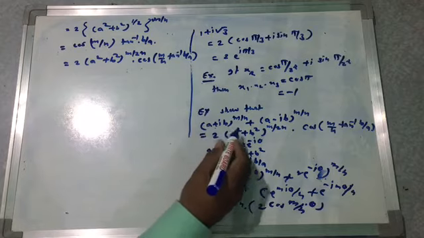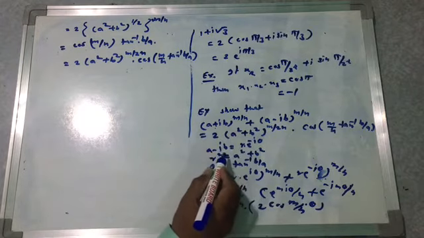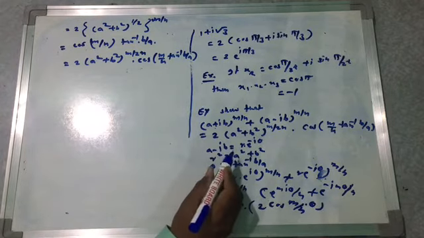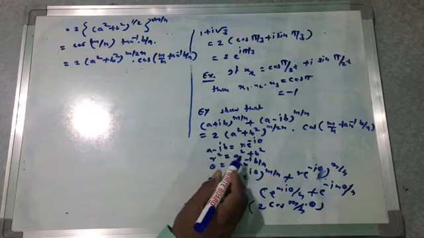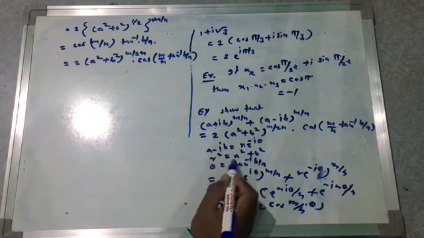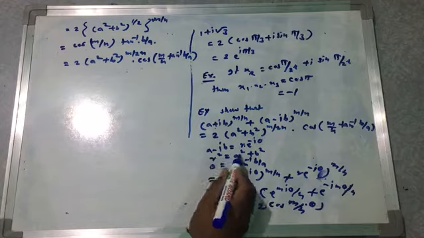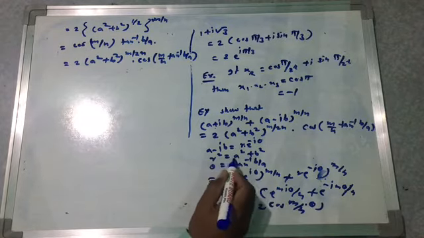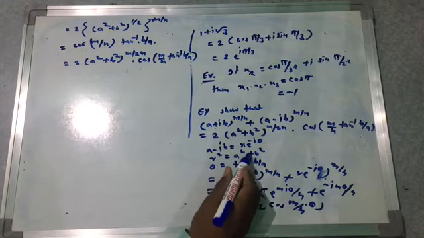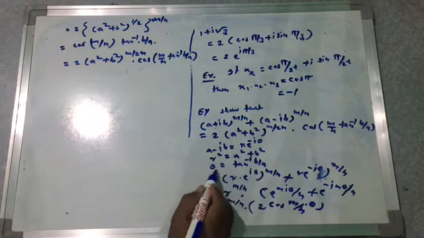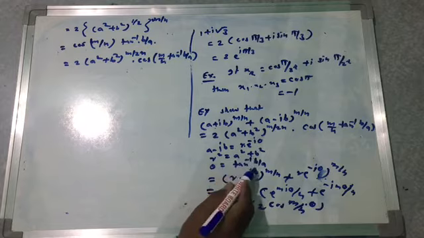So a is equal to, b is equal to, then put into the format r into root of a square plus b square. Then find the value of r. r square is equal to a square plus b square, so r is equal to root of a square plus b square. Theta can be calculated as tan inverse b upon a.